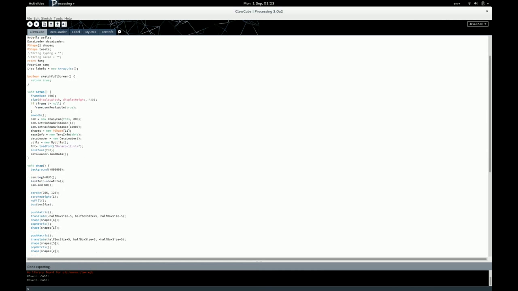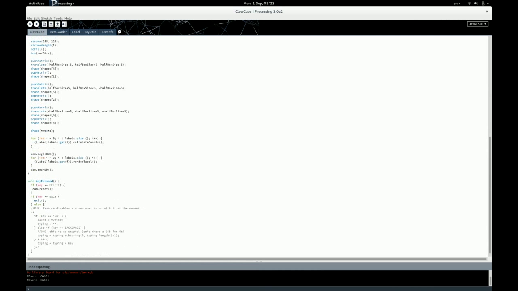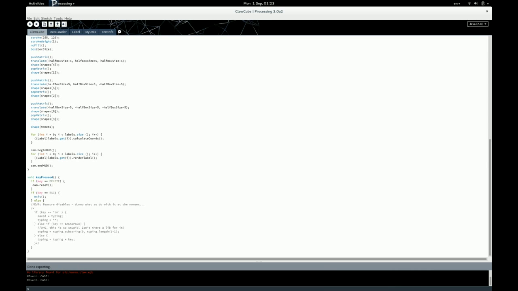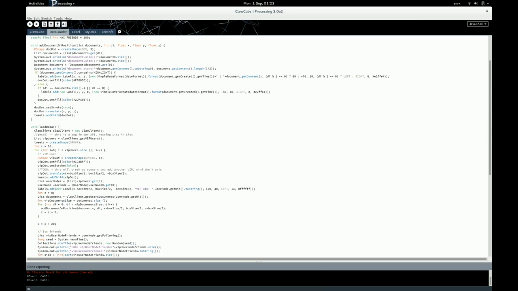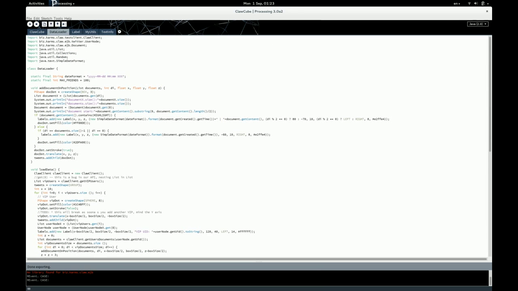The part written in processing is divided in 5 classes. The claw cube is like the main rendering logic, or the game loop, if you will. Data loader takes care of loading the data.